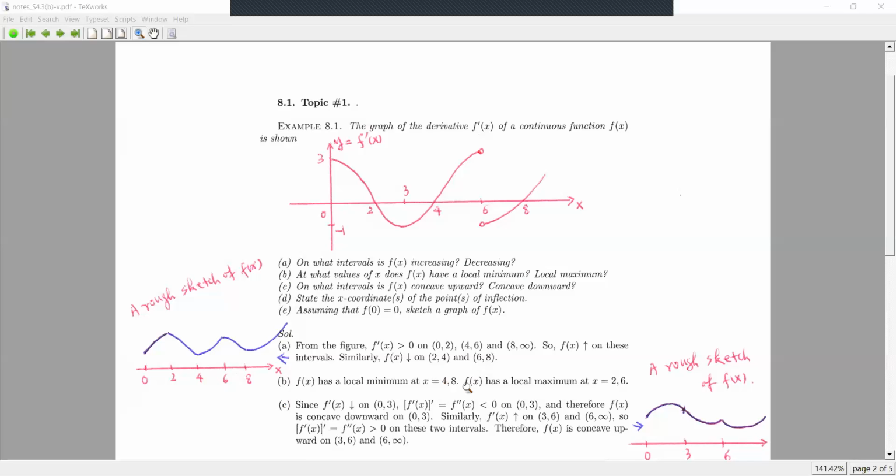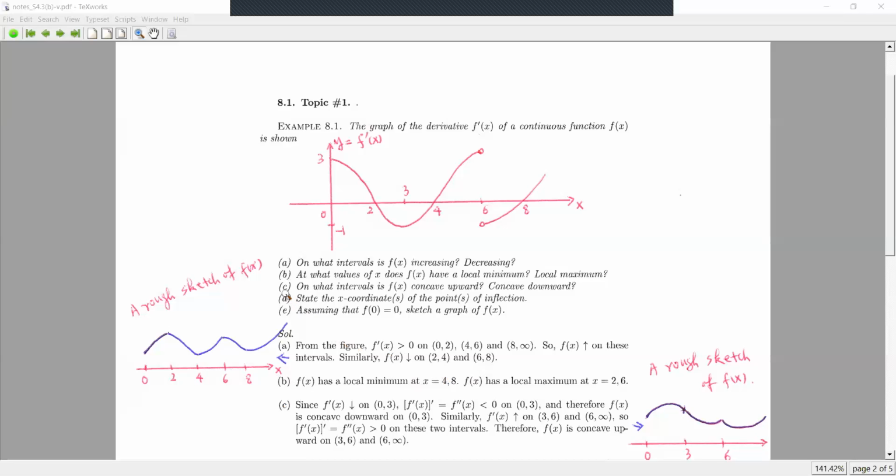At 4 and 8, the curve has a lowest point locally. So at 4 and 8, the function f has a local minimum. Function f has a local minimum at 4 and 8.